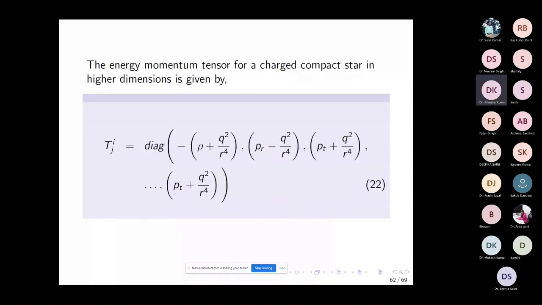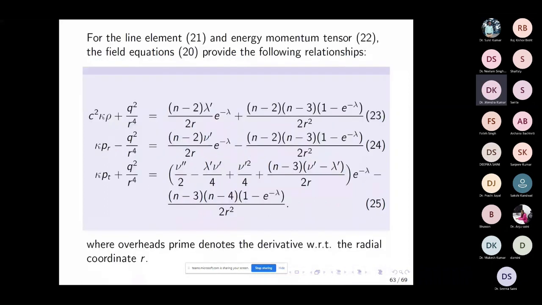And the energy momentum tensor considered in higher dimensions is written like this: Tij equal to diagonal of minus rho plus q square by r4, comma p r minus q square by r4, minus pt plus q square by r4, and so on, up to n dimensions. Similarly, we can split the Einstein field equation into three equations, that is, equations 23, 24, 25.